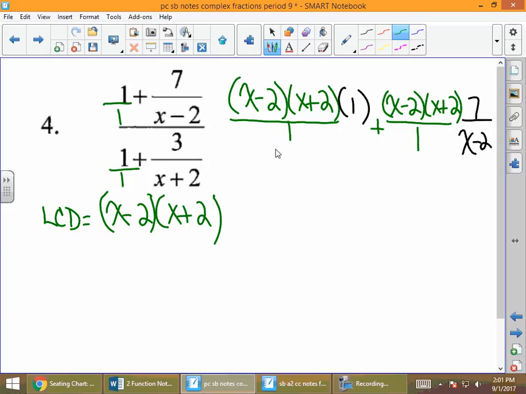We still have to do that in the bottom, the denominator of the overall fraction, and we have x minus 2 times x plus 2 times 1 again.